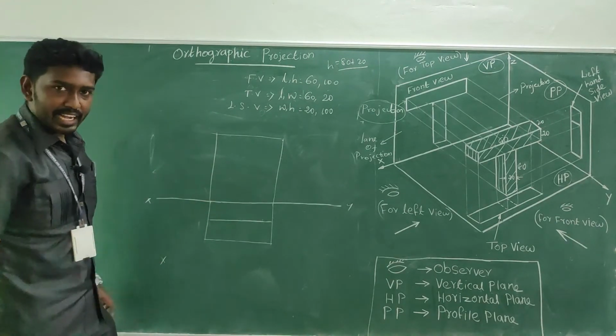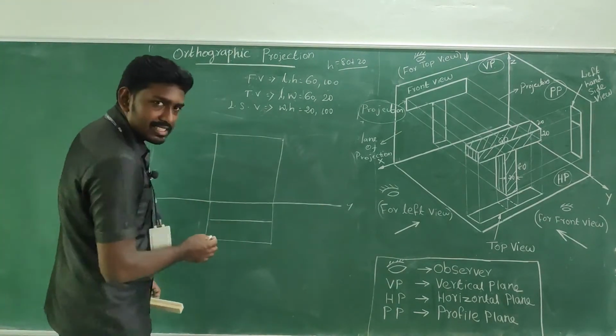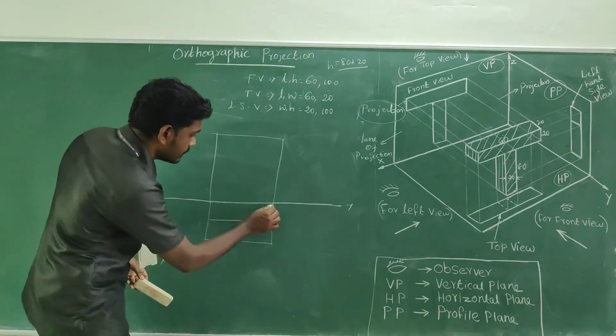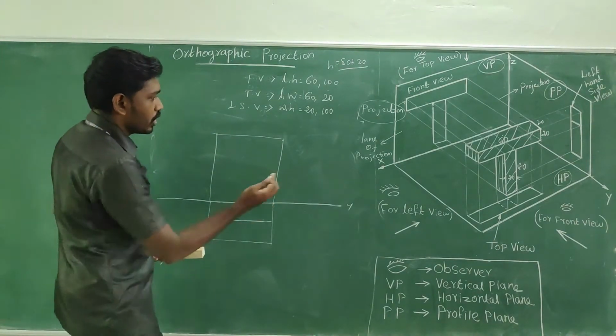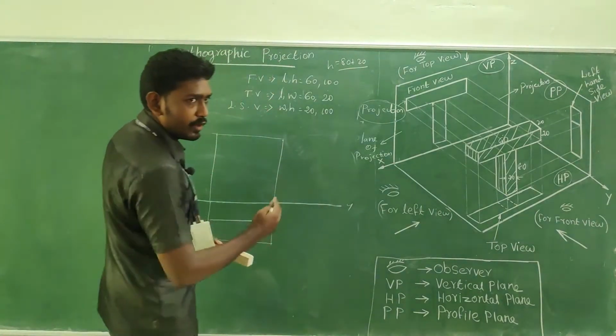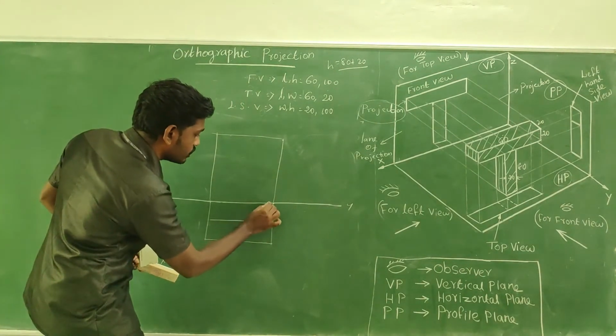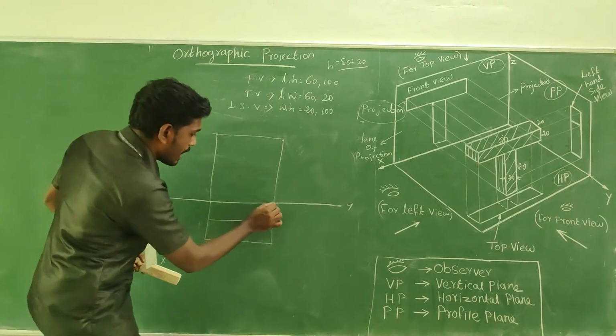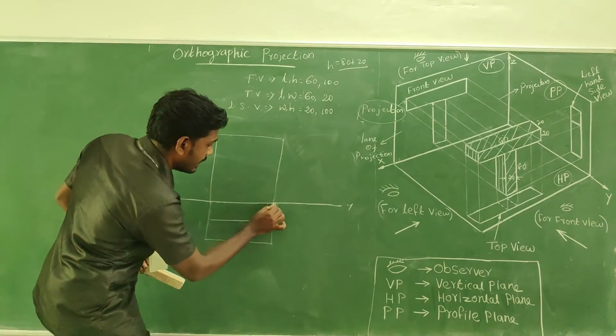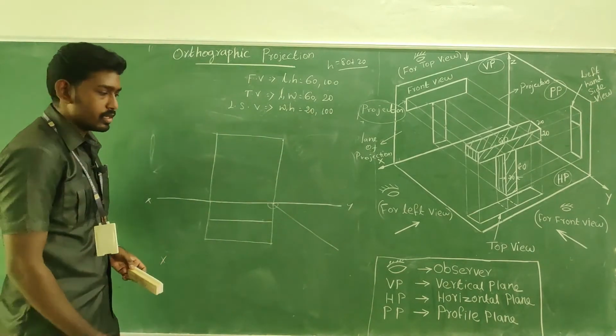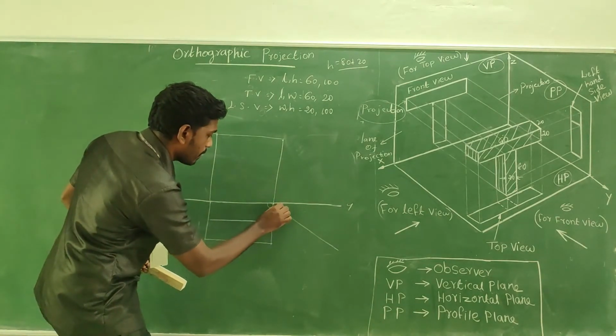So for having the side view, in the corner you are going to draw the left side view. You know it's going to come on the right side. So in this corner keep your protractor and read 45 degree and have a line like this. So 45 degree.